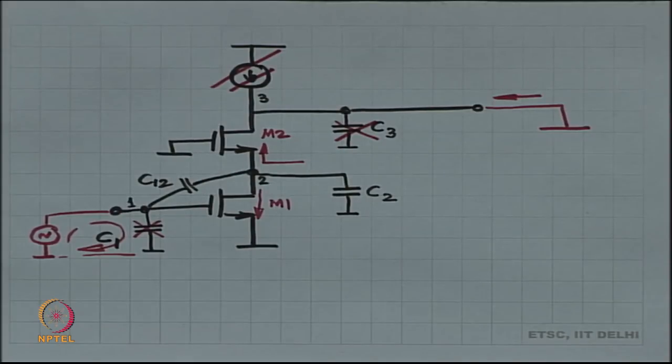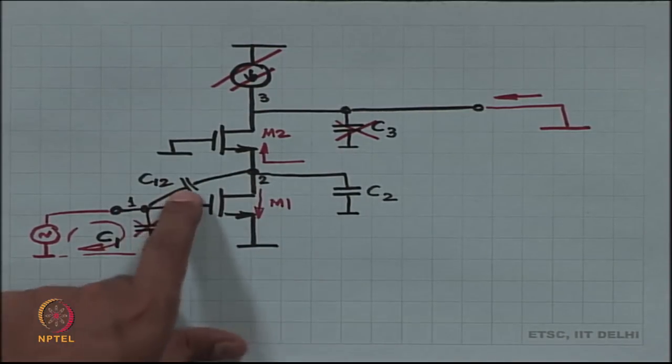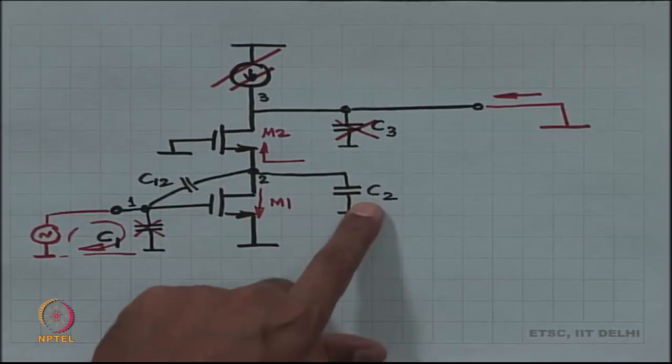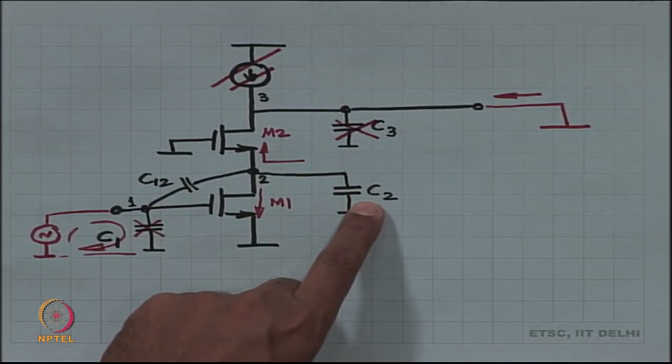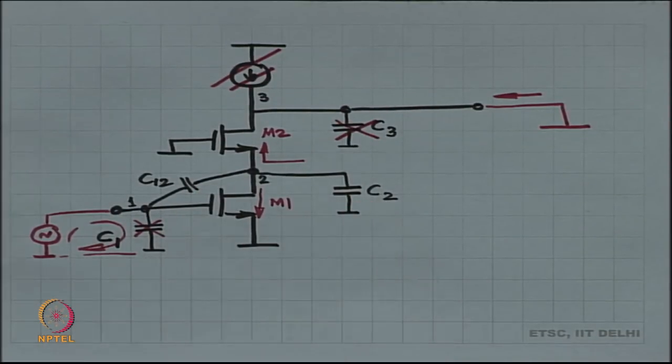Just that now there are two more competitors, C12 and C2, and we just have to work out what portion of current goes into the source of M2. Fine, this is our setup.